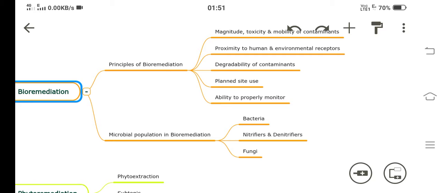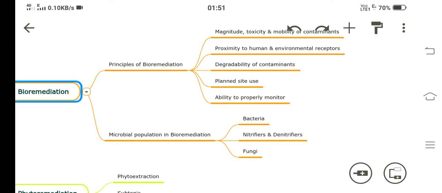And in fungi, we saw how we can use fungi in bioremediation as microorganisms. We have studied several species of fungi that can be used as a microbial population in bioremediation.